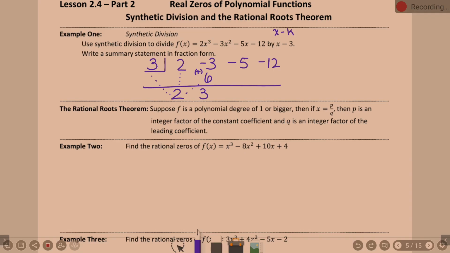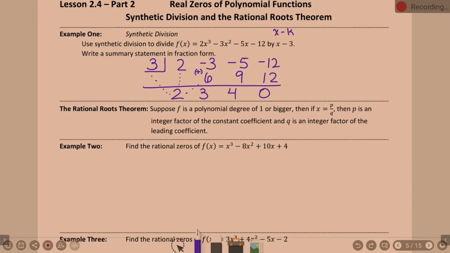Always go back to this 3 here. Multiply. 3 times 3 is 9. Add. Negative 5 plus 9 is 4. Multiply. 3 times 4 is 12. Add. Negative 12 plus 12 is 0.